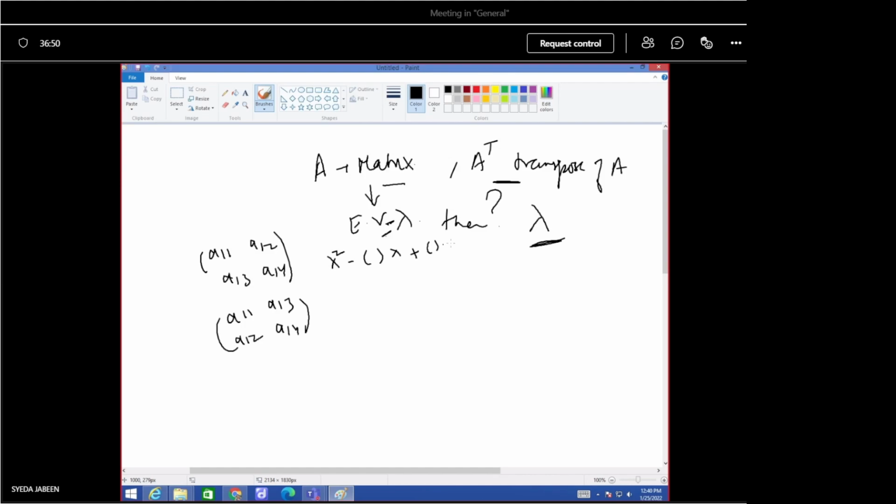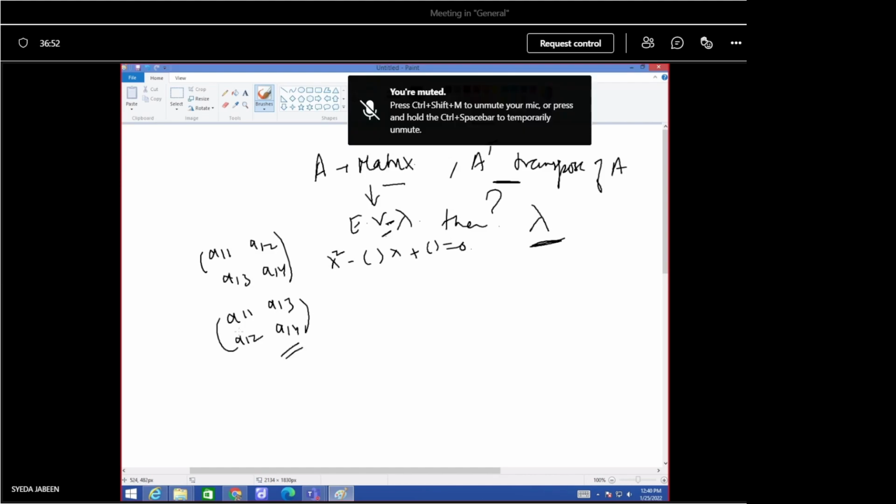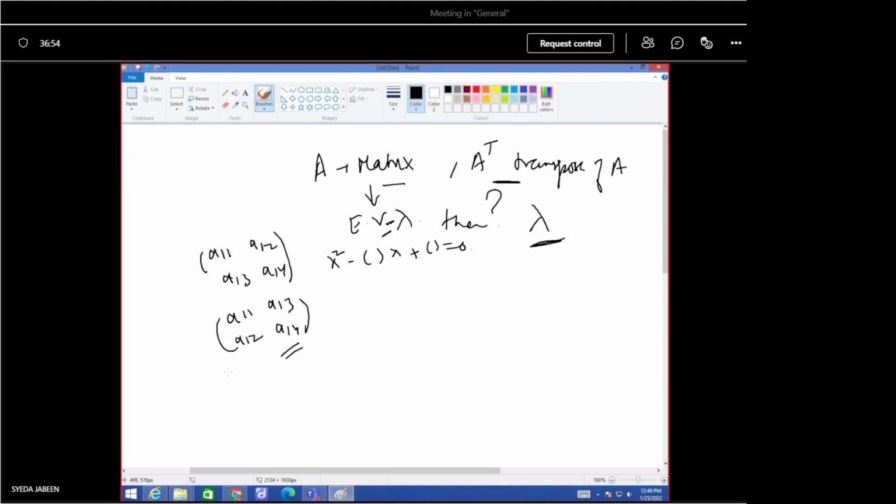Here also you will get the same. So when you solve it, because you are just interchanging the elements, the answer will be the same. Eigenvalues will be the same. Did you understand? Here we are only moving elements here and there, but the solution will be the same. So eigenvalues of this matrix A and eigenvalues of the matrix A transpose are the same.